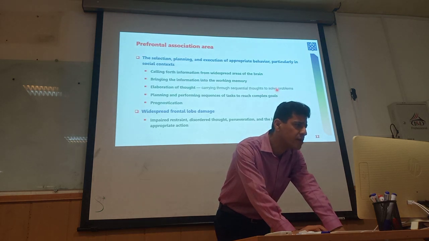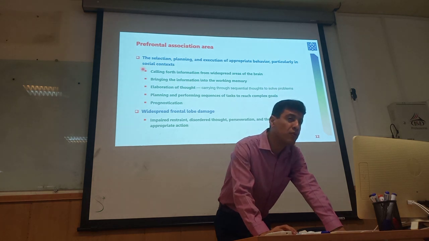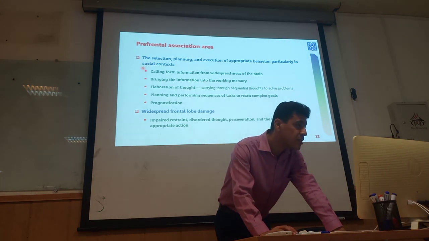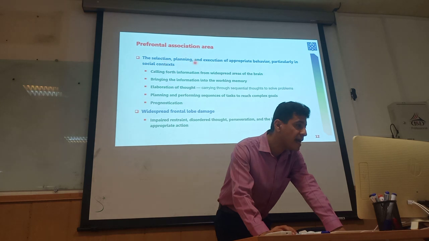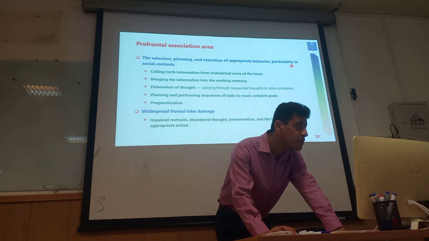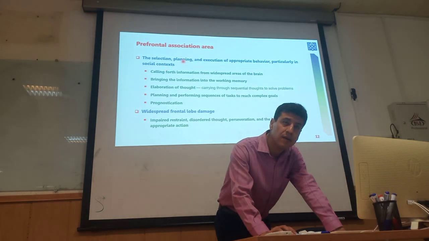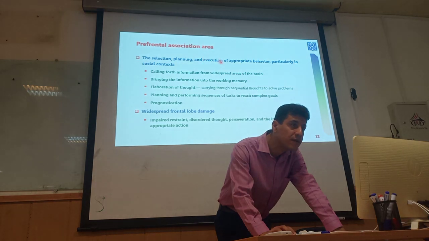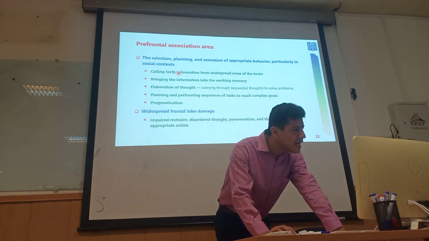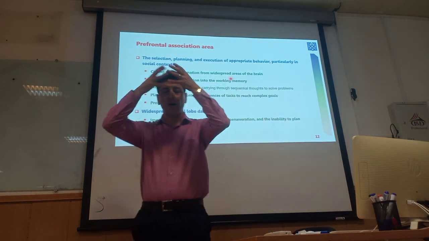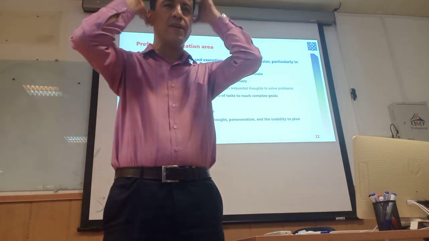Prefrontal association area. I told you that it's important for thinking processes, right? So it's important for selection, planning, and execution of appropriate behavior, in particular in social context. So selecting the best behavior, planning the behavior, and performing the behavior. It can bring information from widespread areas of the brain. In our brain, everything is stored in a lot of areas.